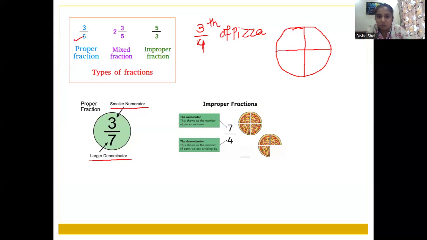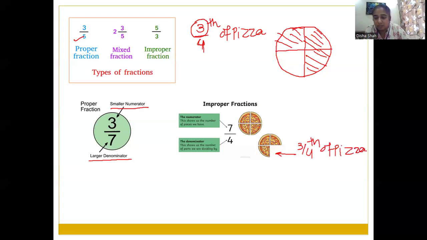You can see here that there are 4 parts. Now 3/4 means that out of 4 parts, 3 parts belong to us. So we can eat this part, this part, and this part also. This is called 3/4 of a pizza. As you can see here, this pizza is not the whole pizza. This is nothing but 3/4 of the whole pizza. That is this.